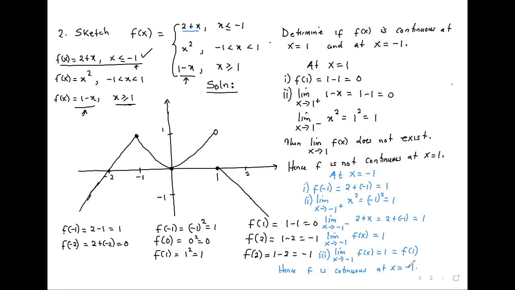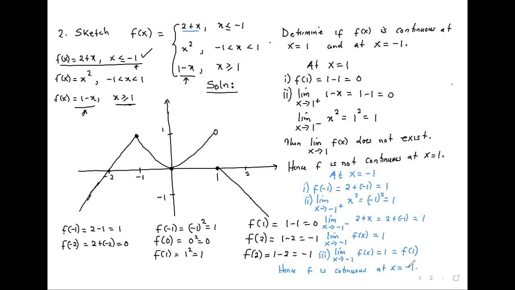So I've got a question. Since in this question we're being asked if x equals 1 or x equals negative 1 is continuous, does that mean, since here we've got two different plottings, you can't connect them?